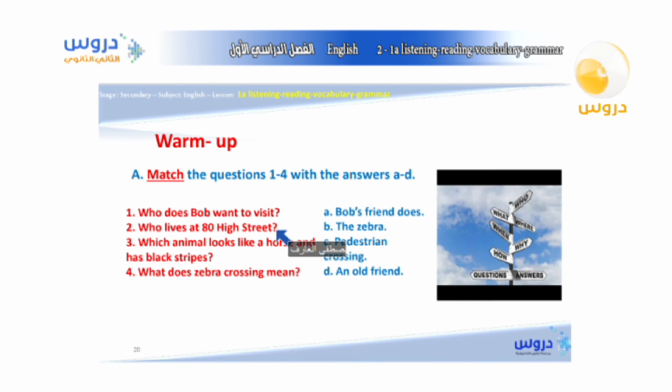So let's remember, who does Bob want to visit? A, Bob's friend, the zebra, the pedestrian crossing, or an old friend? Excellent, Hiba, yes, he went to visit an old friend. That's right.